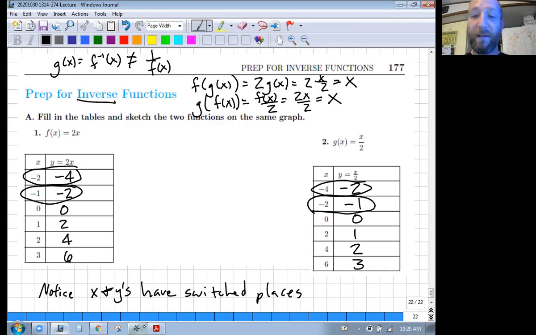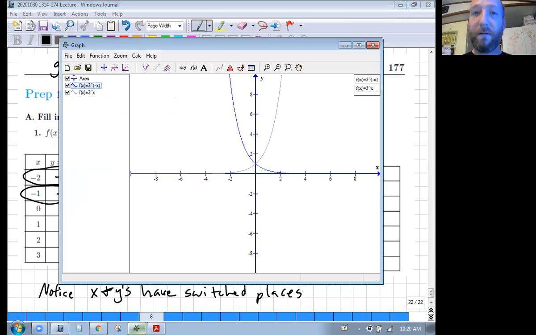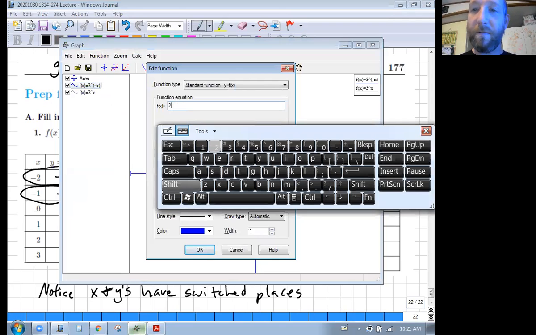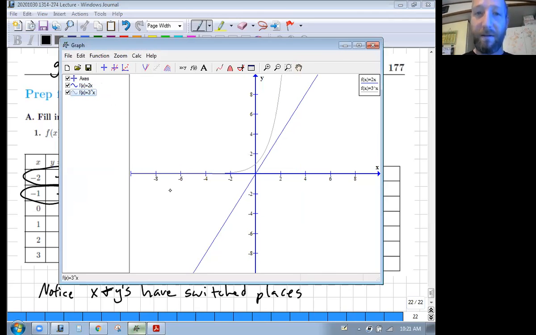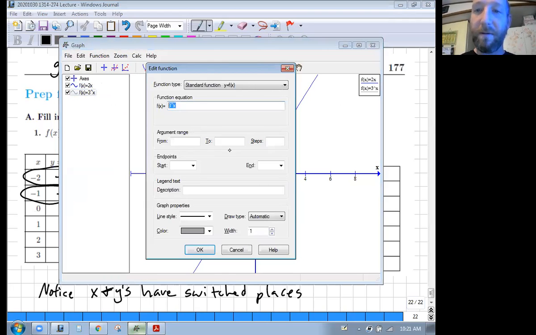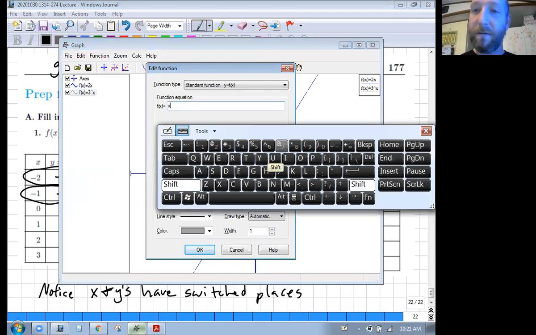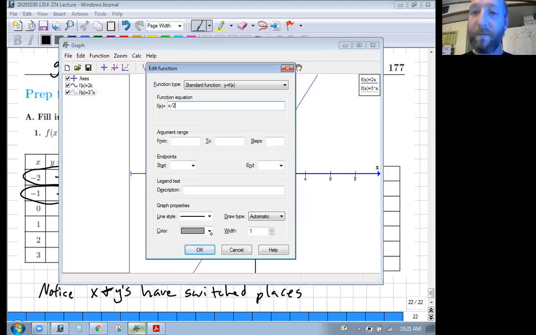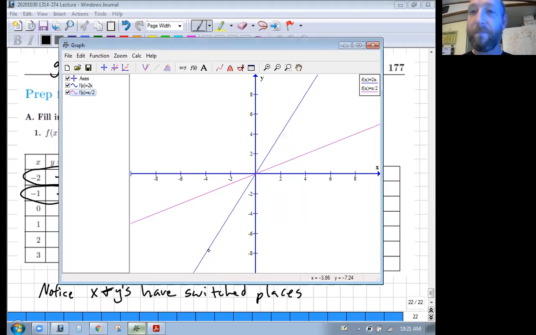So if we graph these, let's look at 2x compared to x divided by 2. The blue is 2x and the pink is x over 2.